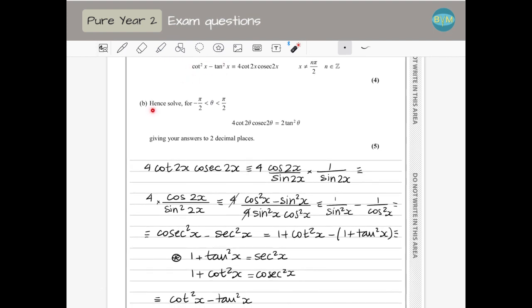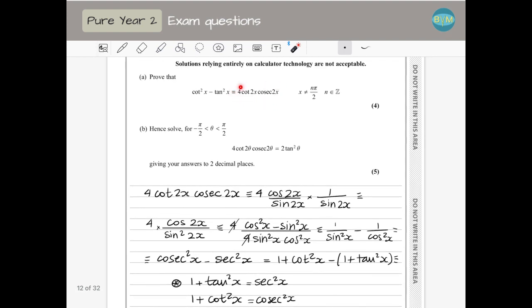And now they say hence solve this equation. This expression on the left hand side is precisely what I have here. When they say hence, that means that it's going to be easier to use this and substitute this expression by this.